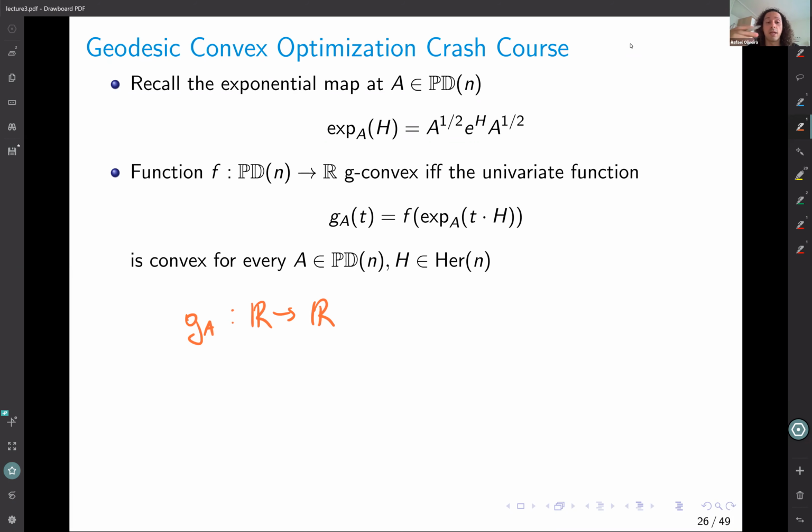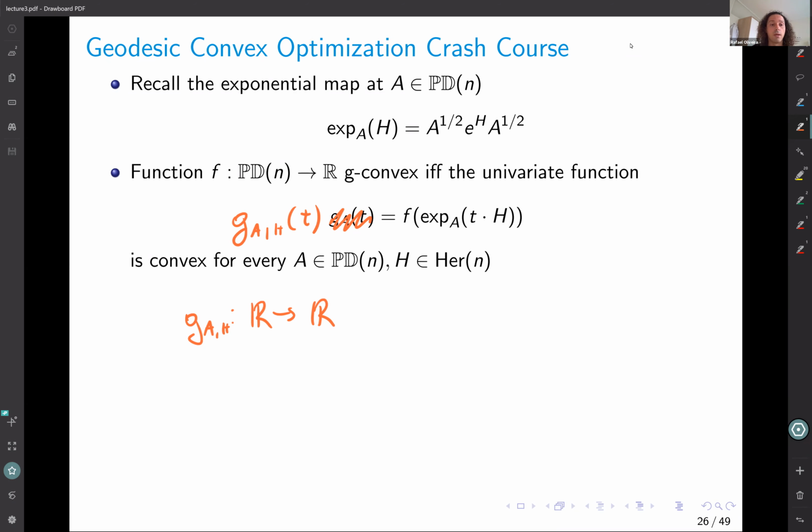So our function f is geodesically convex if and only if these functions g_{A,H}, let me just write g_{A,H} of t, are convex for every A and H. So we say that the function f is geodesically convex if and only if the univariate function g_{A,H} is convex for every element of the Riemannian manifold and every direction that we decide to go.